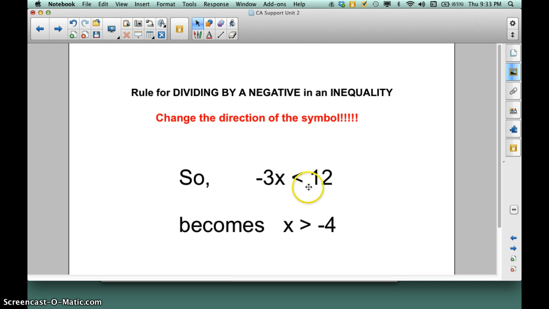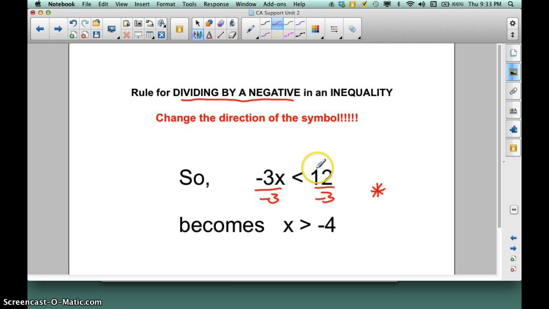I have negative 3x is less than 12. Okay, so you know that if you got to this point of the equation that you would be dividing by negative 3. And this is the rule right here. When you divide by a negative, you do everything the same way you've been as far as the math, but you change.